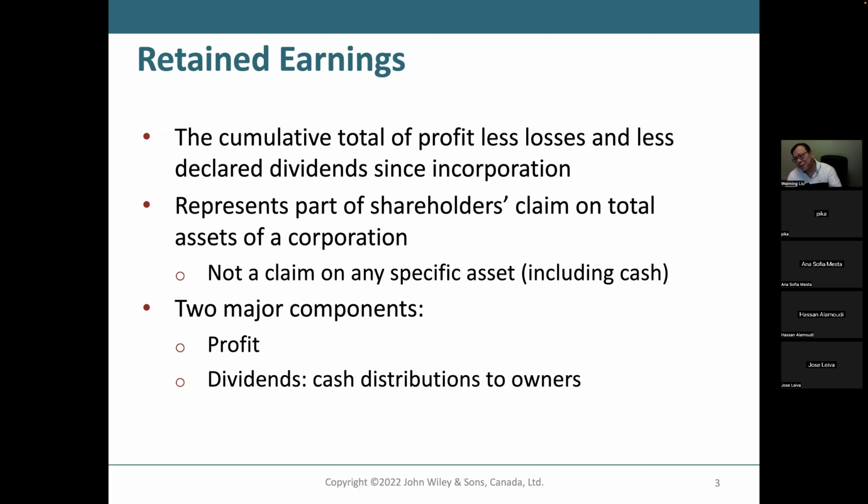So the shareholders' portion is actually only the retained earnings. Liability is the creditors, right? So you have to give back to creditors. The only thing that can be claimed by the shareholder is the retained earnings. As I mentioned, profit will increase retained earnings, and dividends will decrease retained earnings.